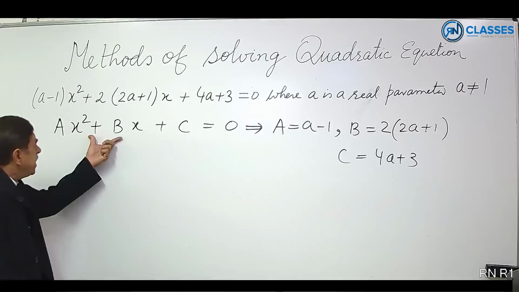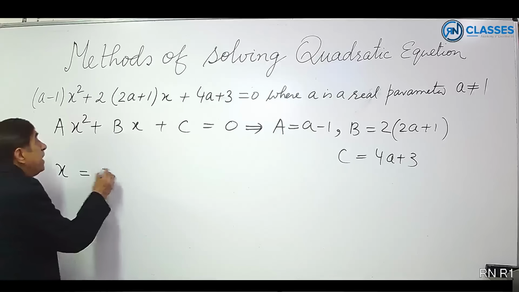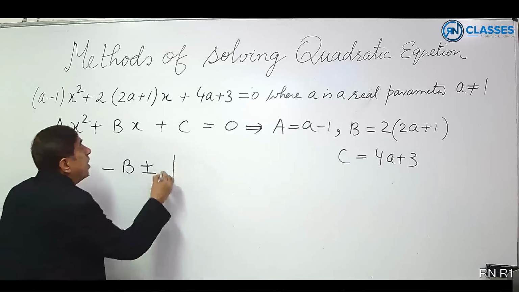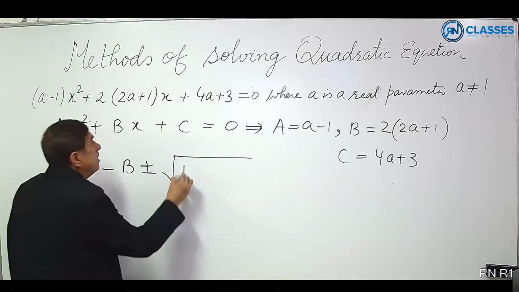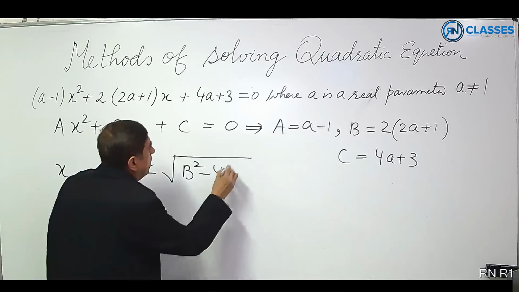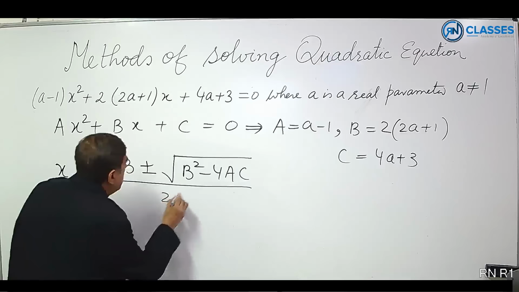The roots of the quadratic equation are x is equal to minus b plus minus square root of b square minus 4ac, by 2a.